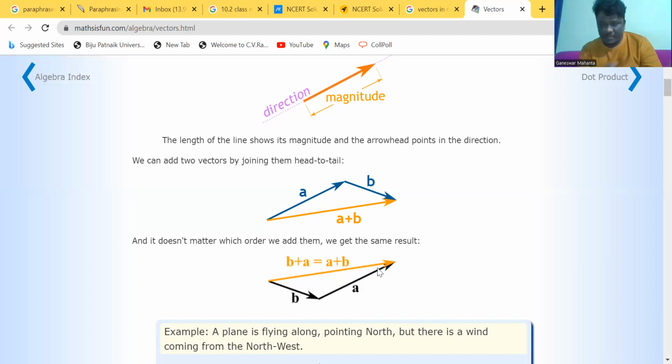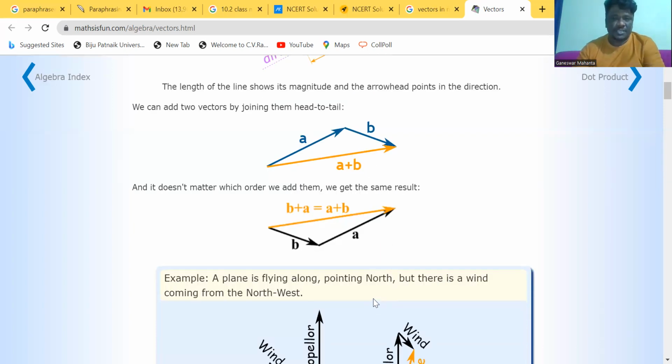When the A vector and B vector are combined together, A plus B is the resultant vector. And A plus B is equal to B plus A, which satisfies the commutative property.